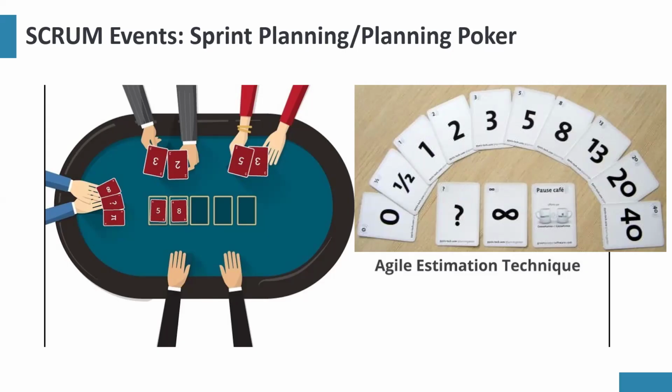So that is how you can use it to compare. If it takes me 2 hours to do a 3 story point work, a 5 story point may take me like 4.5 hours. But it doesn't always work that way.